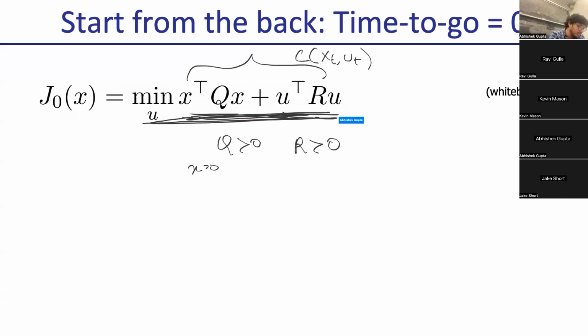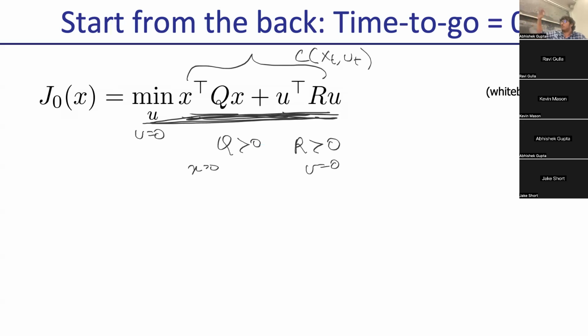This thing is only equal to 0 if U is equal to 0. So if I was to find the minimum of this equation, the minimum is at U equal to 0. Just because of the definition of the problem, you have no time steps to go.